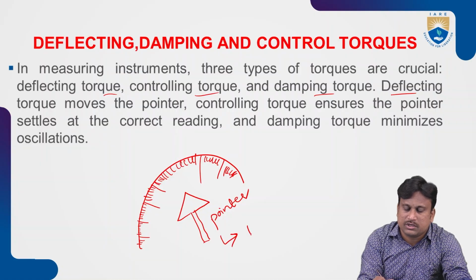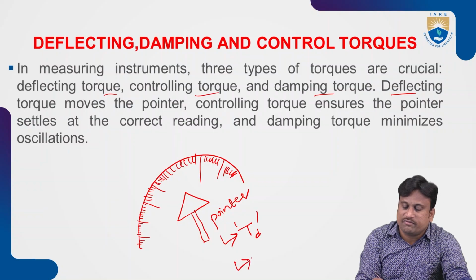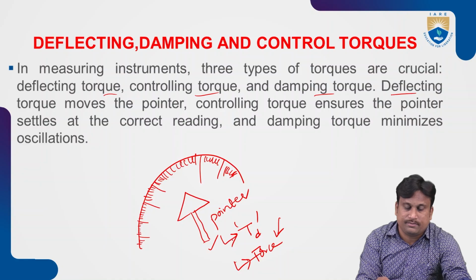This is associated with TD, the deflecting torque. As the force tilts the pointer to move, with the development of this torque, the pointer is ready to move over the scale.